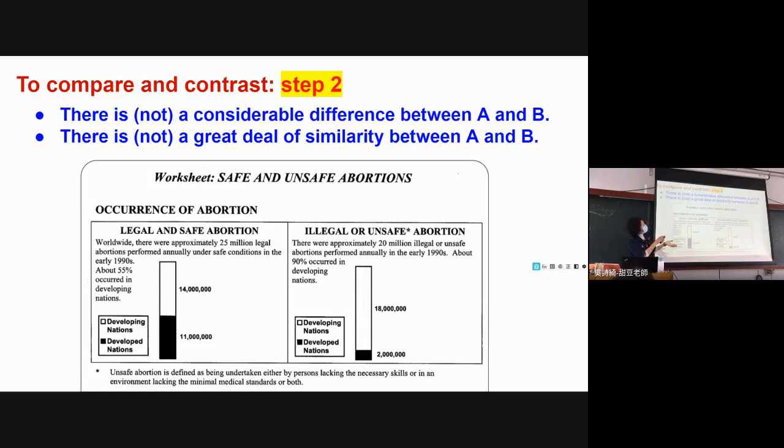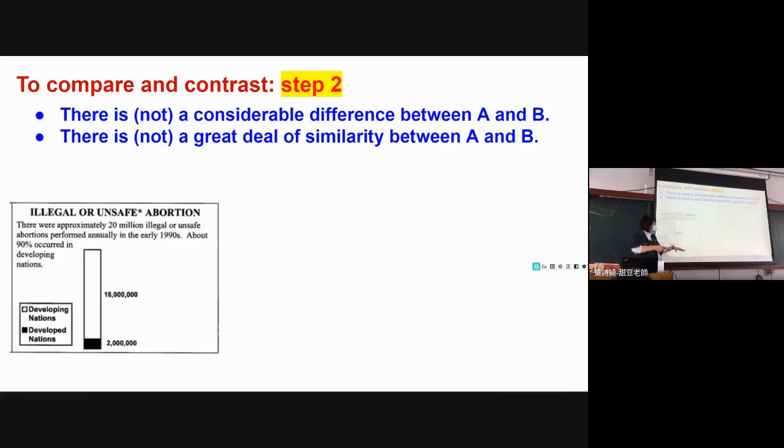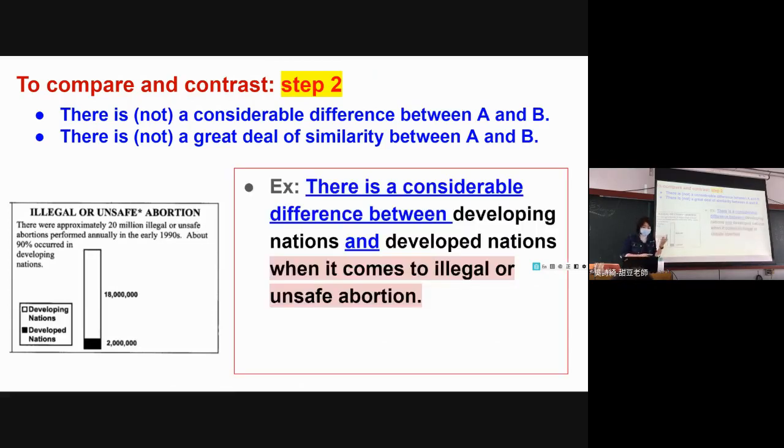There is a considerable difference between A and B, or there is a great deal of similarity between A and B. These are not about only one thing; you try to compare and contrast. So if we want to focus on this, because there is a bigger similarity or difference here, let's read this sentence together. Go.